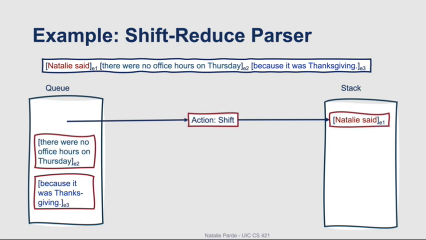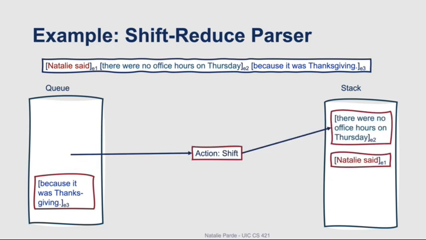So now we have 1 subtree in the stack, but in order to perform a reduce operation, we need 2 subtrees on the stack, and in order to perform a pop operation, we'd want to know we had our final tree. We definitely don't in this case because there are still multiple EDUs in the queue. That means once again we'll have to perform a shift operation, shifting another EDU from the queue to the stack as another single node subtree.